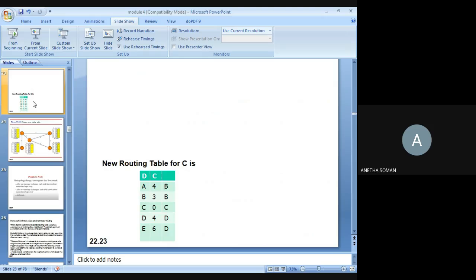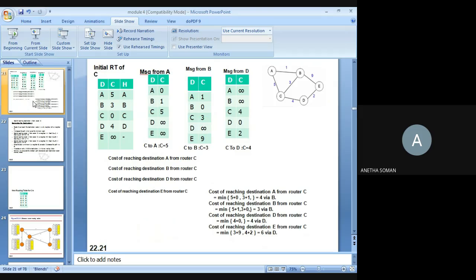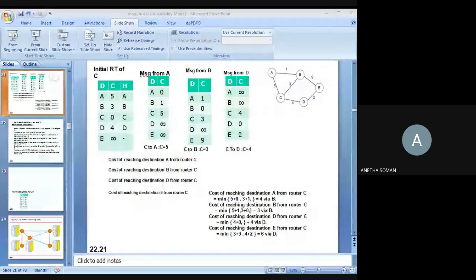You check who the neighbors are, you know the fixed cost, and add it with the current estimate you get from your neighbors each time. Now you compare and find out which is the minimum one, and replace that in the table. Is it okay? Understood how you have to find the minimum cost?